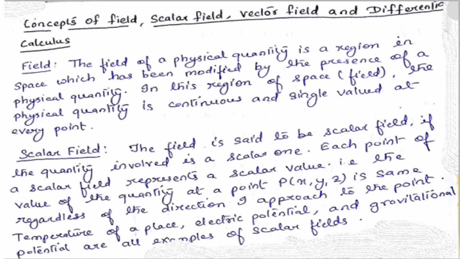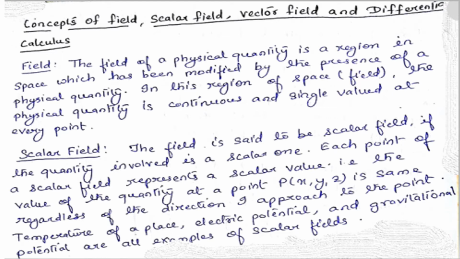Each point of a scalar field will represent a scalar, that is the value of the quantity, which is the same regardless of the direction. It will not depend on the direction.